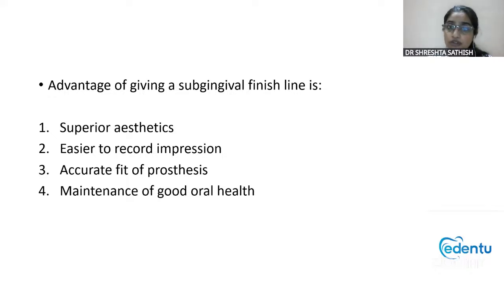Accurate fit of the prosthesis, you cannot really determine that until you have further investigative procedures. But it can definitely give better aesthetics, especially in the anterior regions. There will not be a clear demarcation or margin between the tooth and your crown. So it is much more aesthetic in your anterior regions.